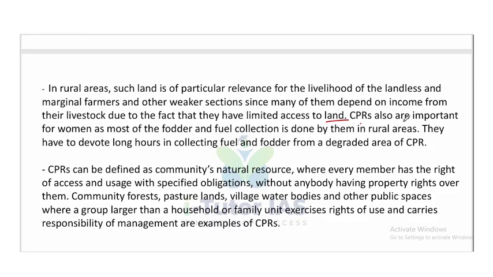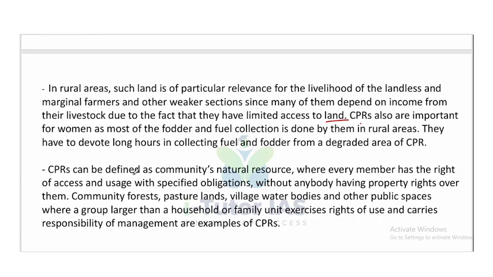CPRs also are important for women as most of the fodder and fuel collection is done by them in rural areas. They have to devote long hours in collecting fuel and fodder from a gathering area of CPR.